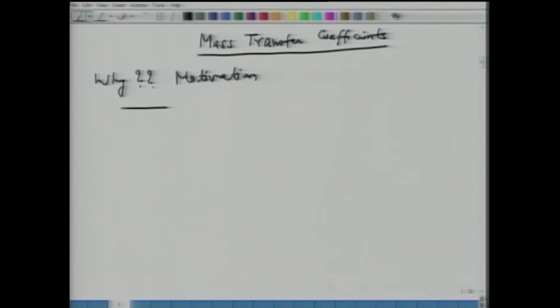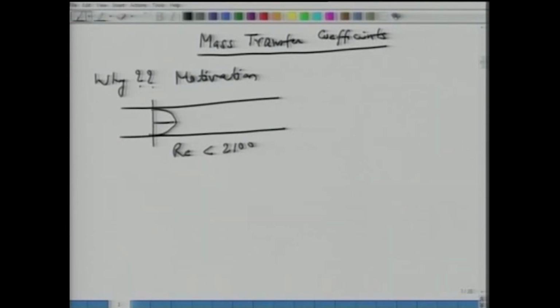If you recall, if we have a tube and the Reynolds number is less than 2100, we have a well defined velocity profile which is parabolic. We can write v equal to 2 V bar, where V bar is the average velocity, times (1 minus r squared over R squared), where R would be the radius of the tube. Now if you have this velocity profile in a tube and you are asked to calculate the diffusion flux N_A, it should not be difficult, in the sense that we can substitute this velocity profile into our Navier-Stokes equations.